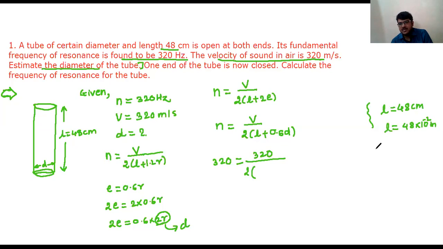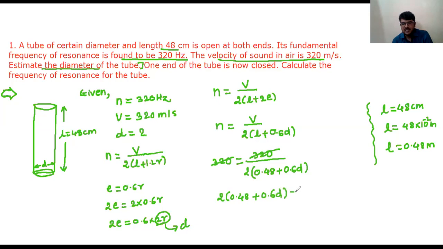This is L, and that implies L is equal to 0.48 meter. Let's substitute here: 0.48 plus 0.6 D. Now this 320 and this 320 will get cancelled. And then you get 2 into (0.48 plus 0.6 D) is equal to 1.